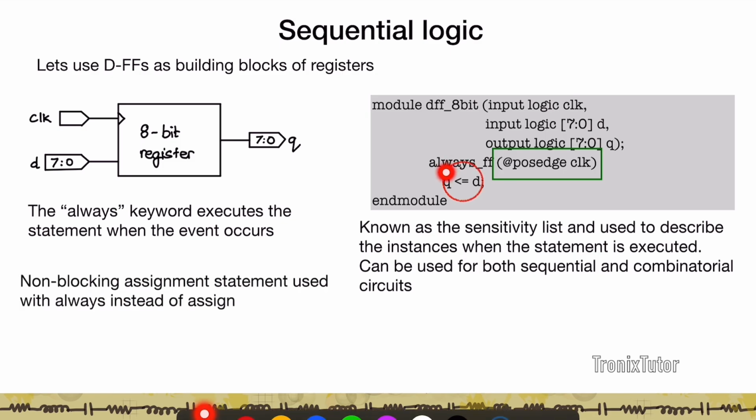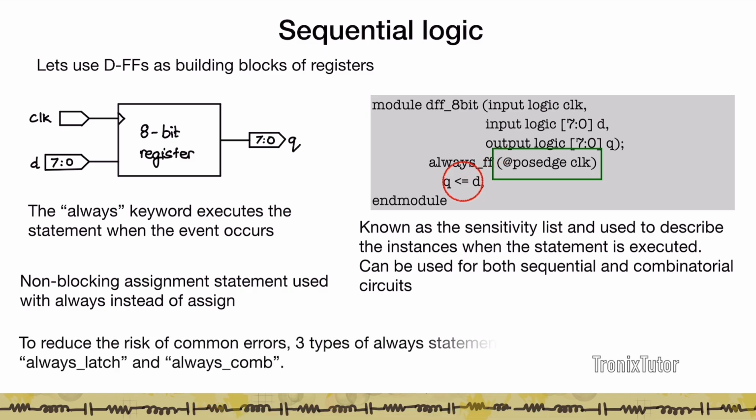Now what we've used within this loop is Q gets the value of D. Now using this symbol <= is known as a non-blocking assignment. So further on in the video I'll talk a little bit about blocking versus non-blocking. I want to point out that here what we've used is a non-blocking assignment for the sequential logic.